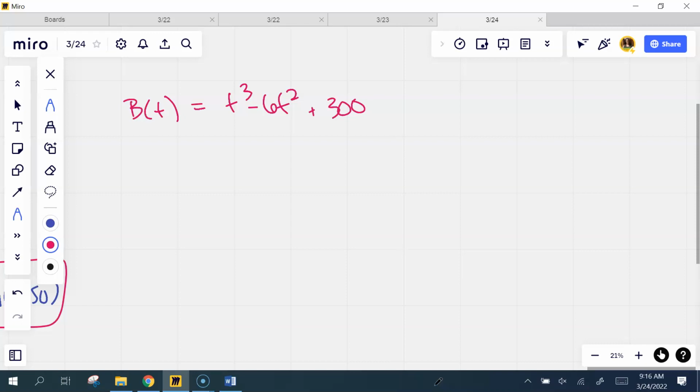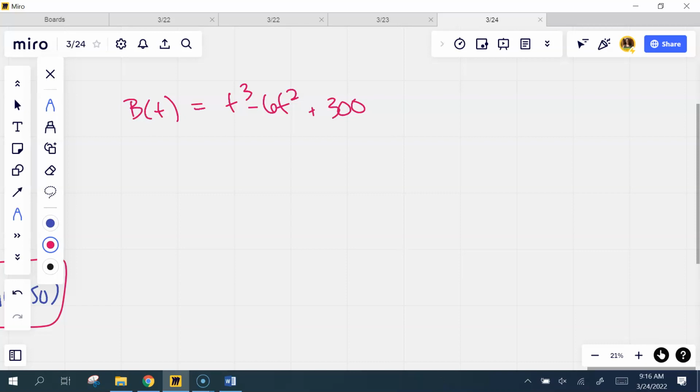All right, part C. Bob is riding his bicycle along the same path between 0 and 10. Bob's velocity is measured in meters per minute. Find his acceleration at 5.